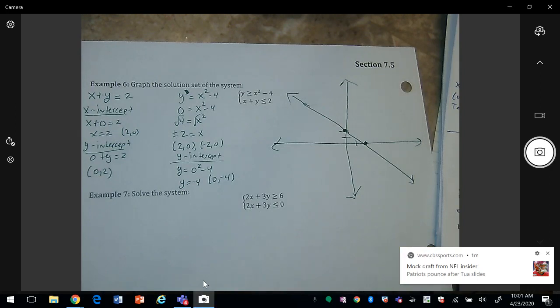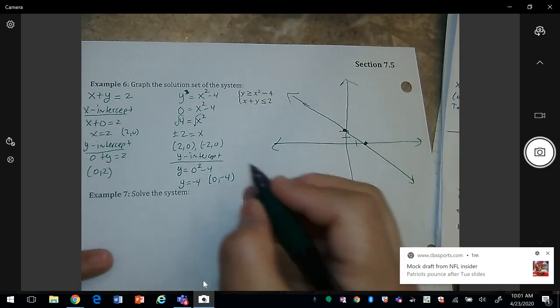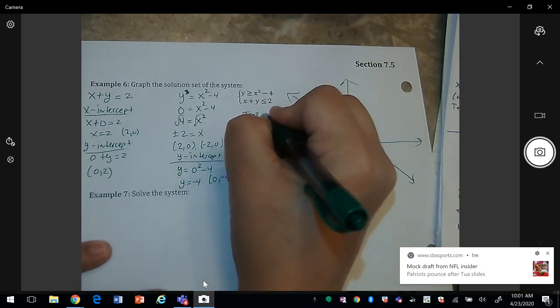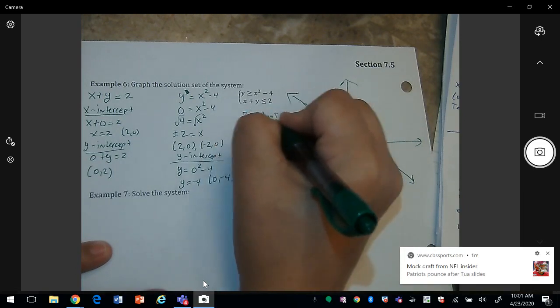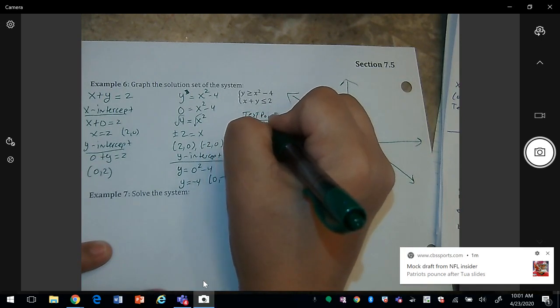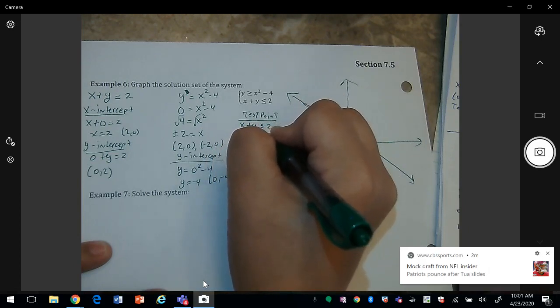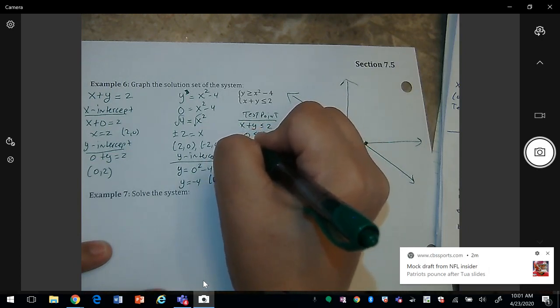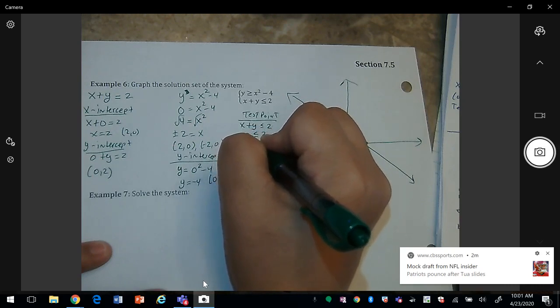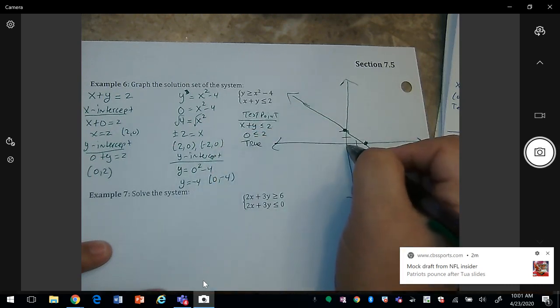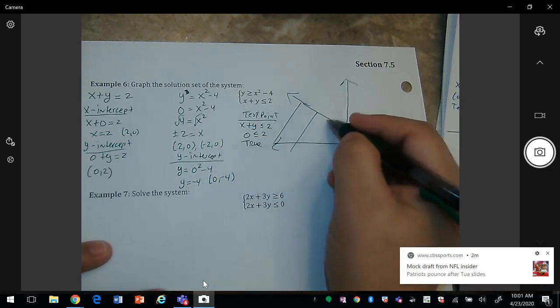And then we need to choose a test point. So I'm going to use a test point of 0, 0 for this line. So if x is 0, y is 0, we get 0. 0 is less than or equal to 2. This is a true statement. So we're going to shade below the line.